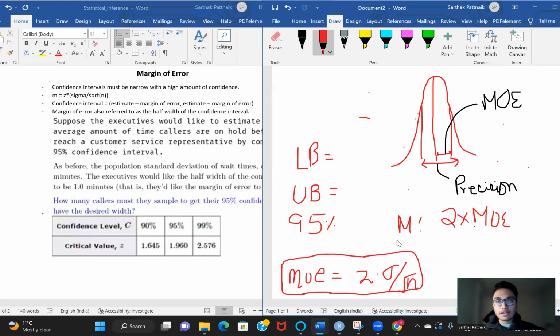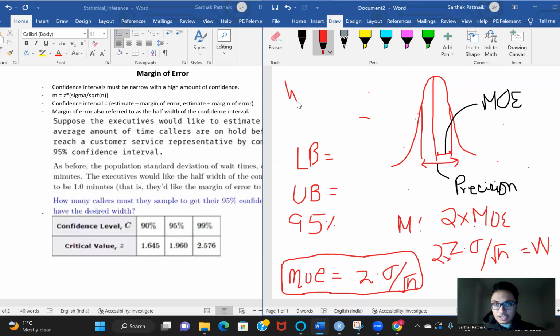Subtract estimate minus margin of error from estimate plus margin of error. You will get twice the margin of error. So margin of error is given by z sigma by root n. Now we need to minimize the precision. If you multiply this by 2, you'll get your width or precision.